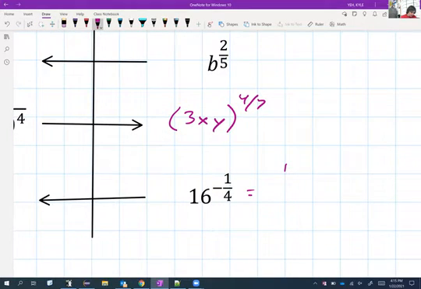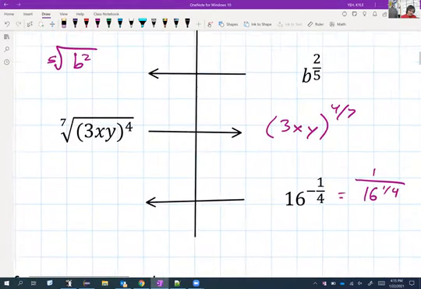This is just like 1 over 16 to the positive 1/4. If you remember, that negative exponent flips where it is in the fraction. So instead of it over 1, it's 1 over it, 1 over 16 to the 1/4 power. So that negative exponent will commonly drop it down to the bottom of the fraction.